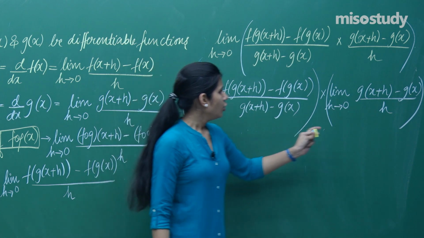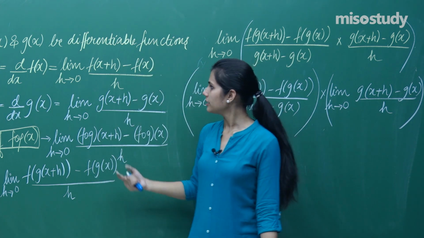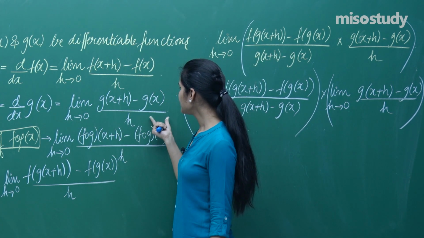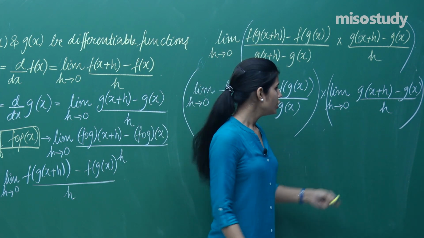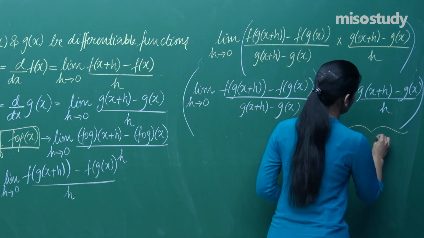Right. What is this? Just see. Limit h tends to 0, g of x plus h minus g of x whole upon h is g dash x. So this portion is g dash x.